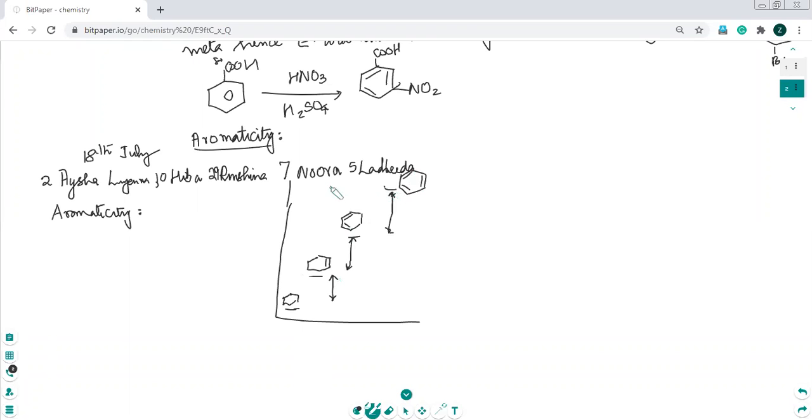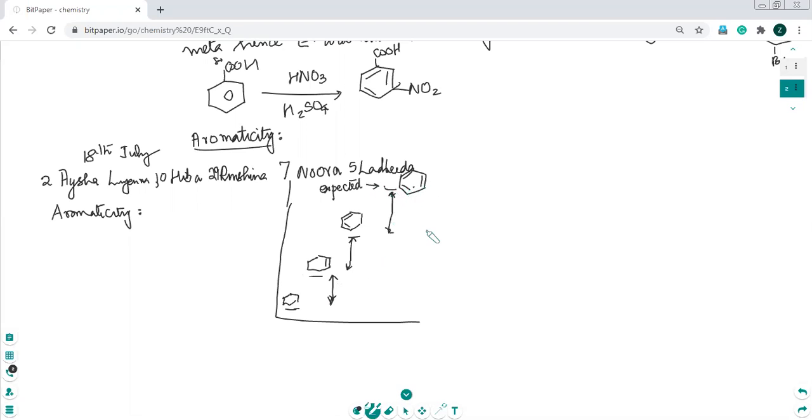So this is the expected energy level. On a cumulative basis, when you add one after the other, assuming that each double bond contributes a definite amount of energy, then you expect this to be the energy level of benzene.